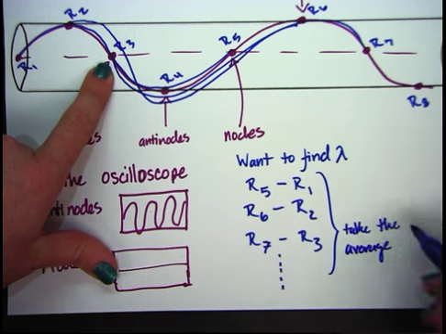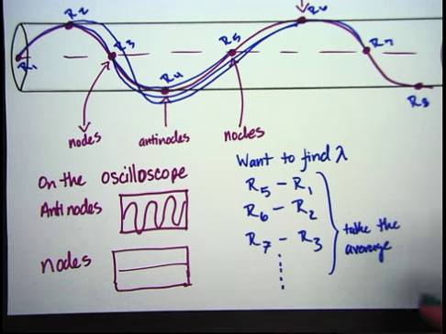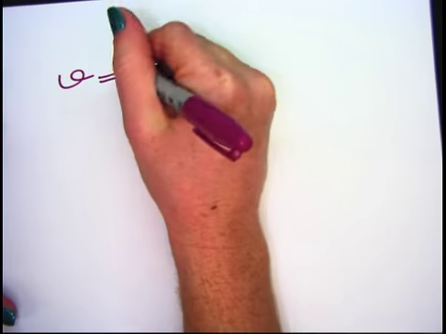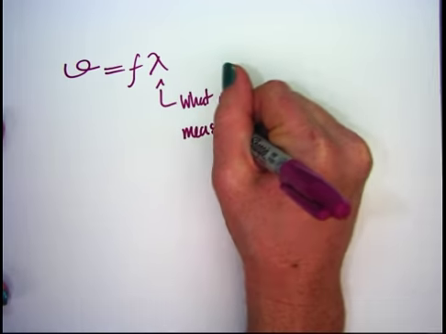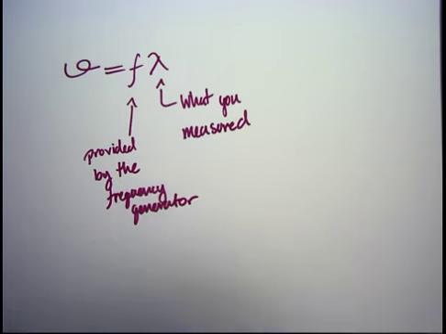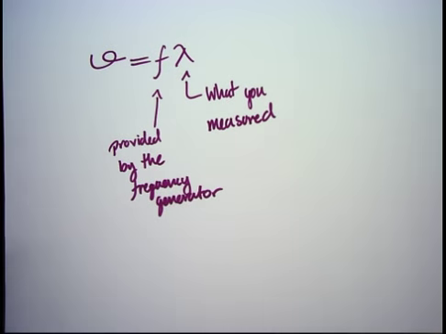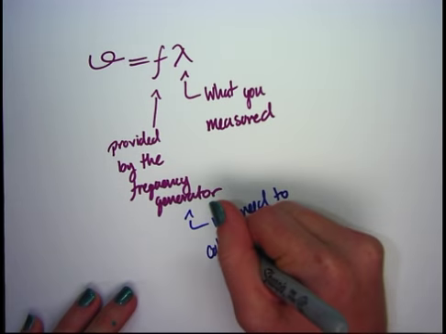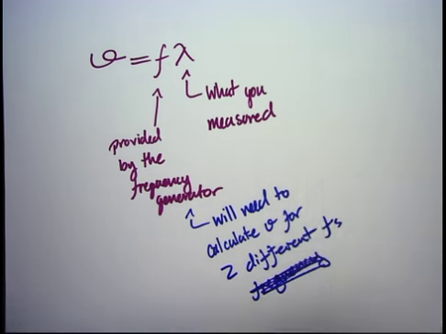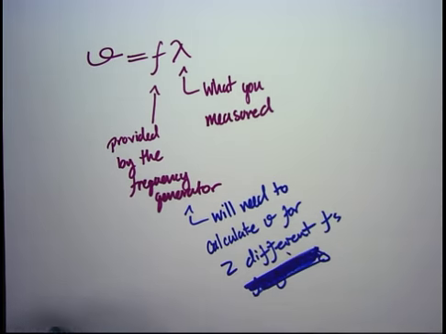You take an average of your wavelengths, and then you'll have your average wavelength at the specific frequency that you're using. And then you will be able to calculate your speed of sound using V equals lambda times the frequency, where frequency is given to you by your signal generator and lambda is the wavelength that you just measured. You're going to repeat that at another frequency and then calculate your percent difference.